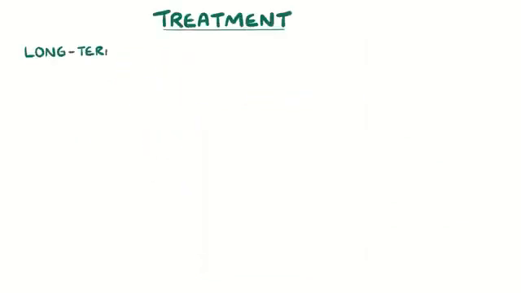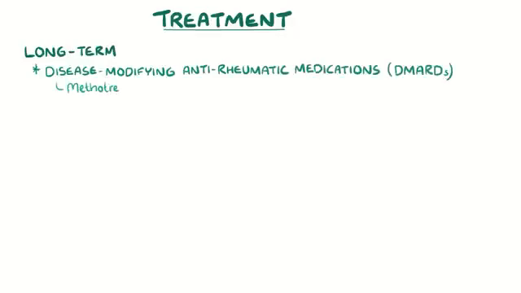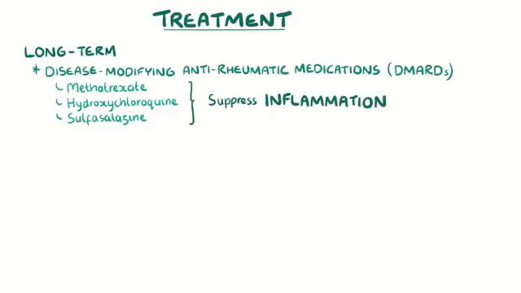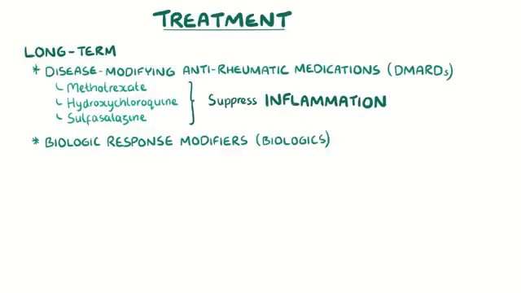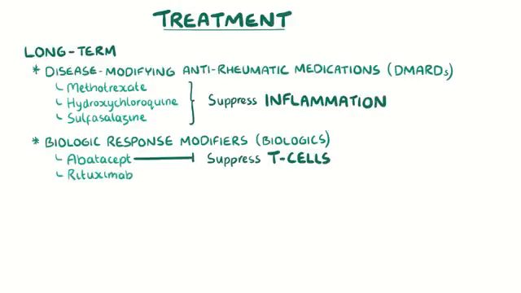The long-term management of rheumatoid arthritis is the use of disease-modifying anti-rheumatic medications, like methotrexate, hydroxychloroquine, and sulfasalazine, which can help to suppress the inflammation. In addition, there are a variety of medications called biologic response modifiers, or biologics. Some biologics, such as abatacept, work by suppressing the activity of T cells, or others, such as rituximab, suppress B cells.